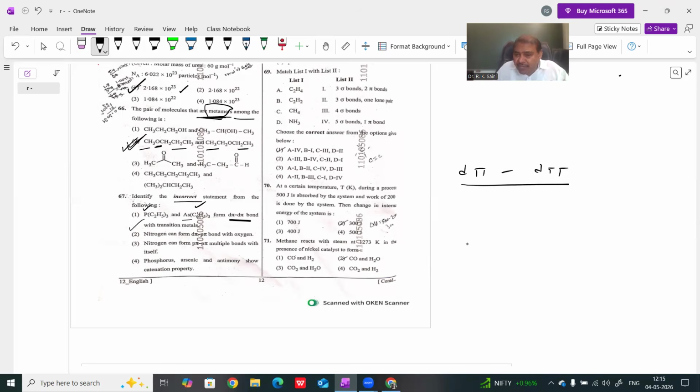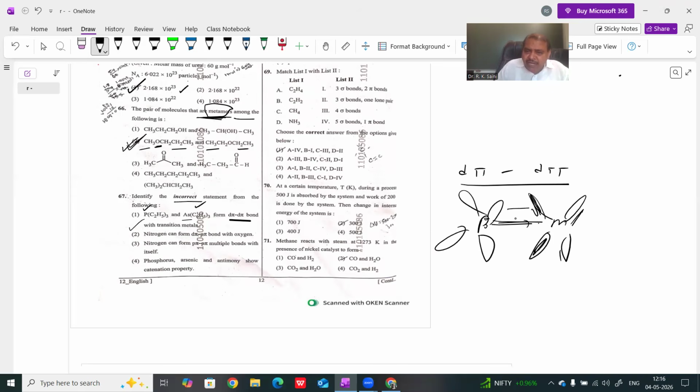It is known as synergic effect. Their lone pair is donated into the empty orbital of the metal atom and makes a sigma bond, and then the filled d orbital of the metal overlaps with the empty d orbital of phosphorus and arsenic and makes a d-pi bond, and the option is correct.